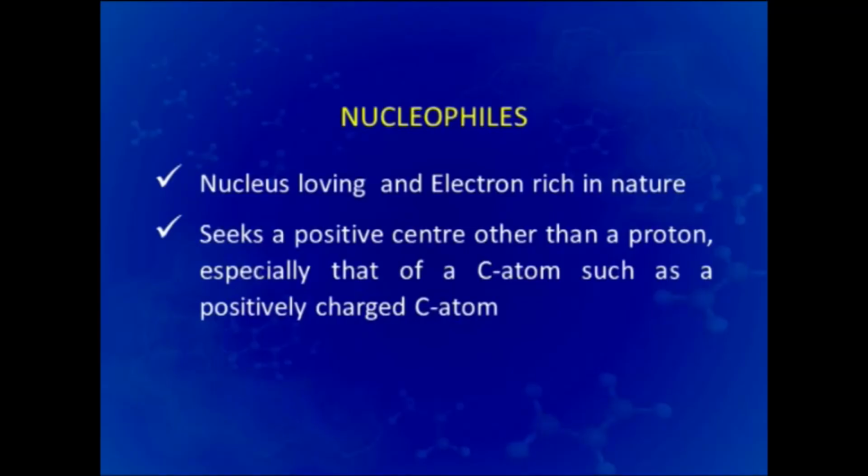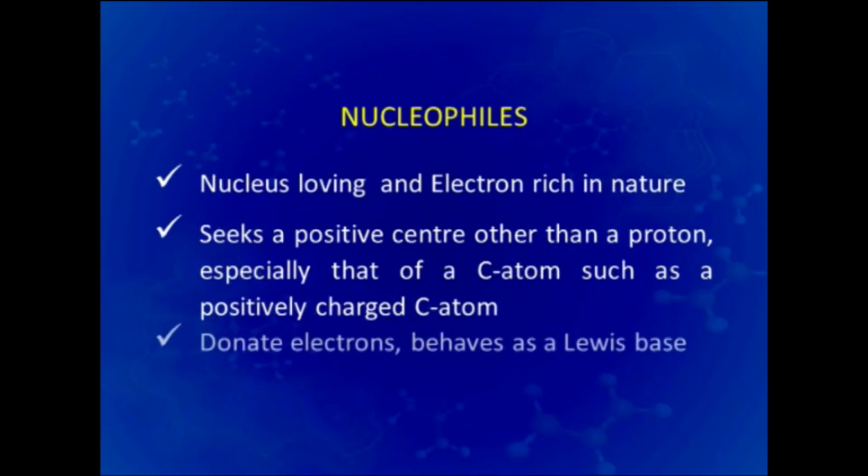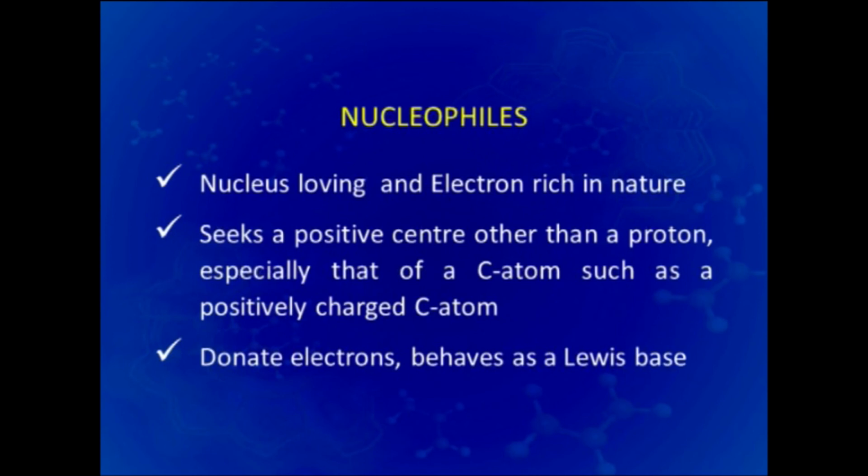Why we say other than a proton is, you would understand later when we are comparing a nucleophile with a base. Therefore, to all nucleophiles we say that they should not be accepting a proton or taking a proton, otherwise they become Lewis bases, but should seek a positive center. And because they are electron rich, they donate electrons and behave as Lewis bases, but not actually are Lewis bases.